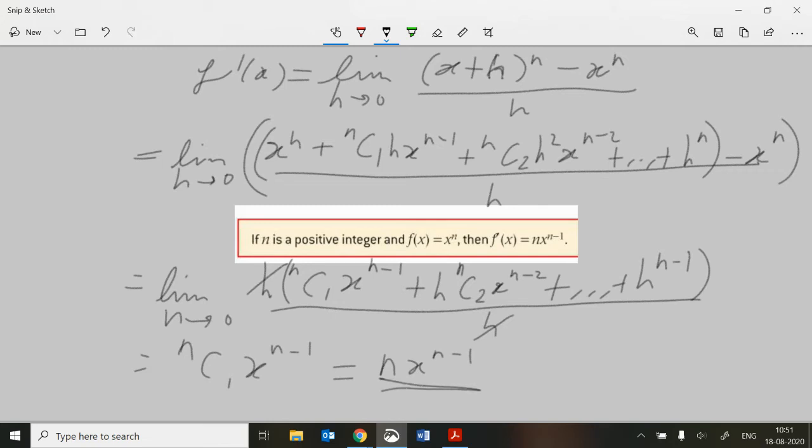So now we know that for any term with positive integers, say x to the power of 6, we can times by the power and reduce the power by 1. Done. As I said, this extends to negative powers and rational powers by using the different versions of the binomial theorem, but I'm not going to go there now. If you want to have a go at that, you are welcome to, of course.